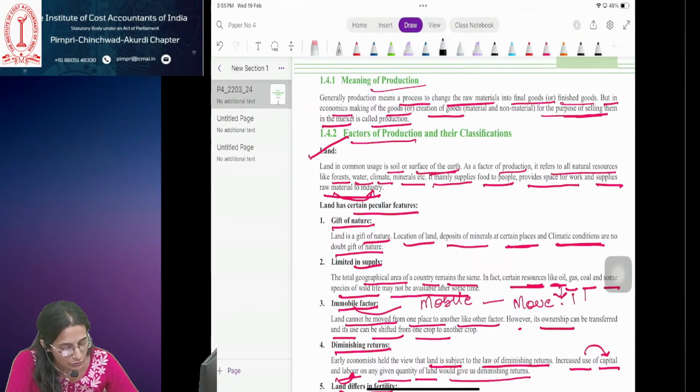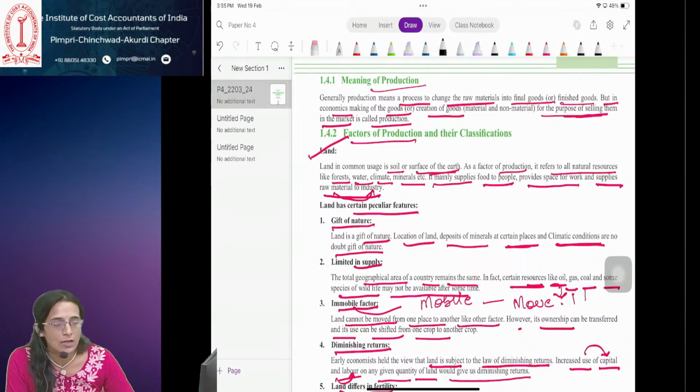Land in common usage is soil or the surface of the earth, right? As a factor of production, it refers to all the natural resources like forests, water, climate, minerals. Land is not just that; the ocean is also included as land.